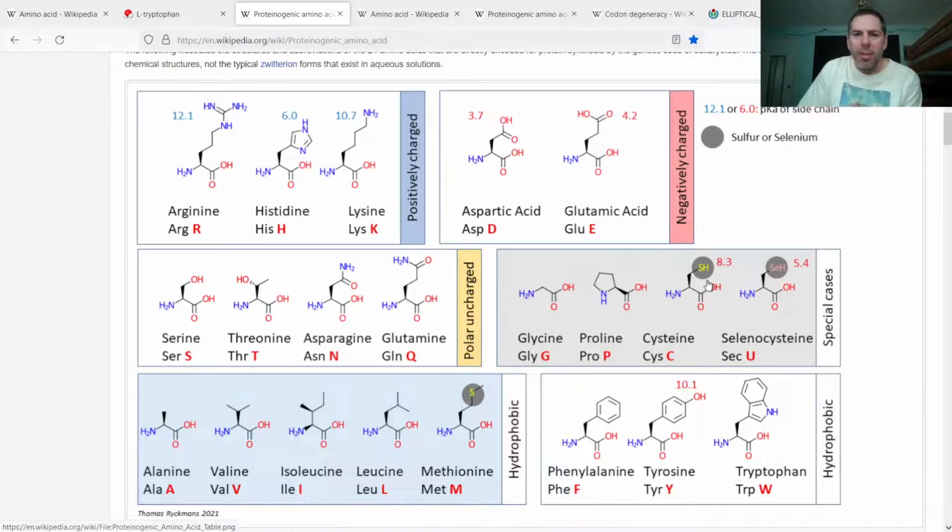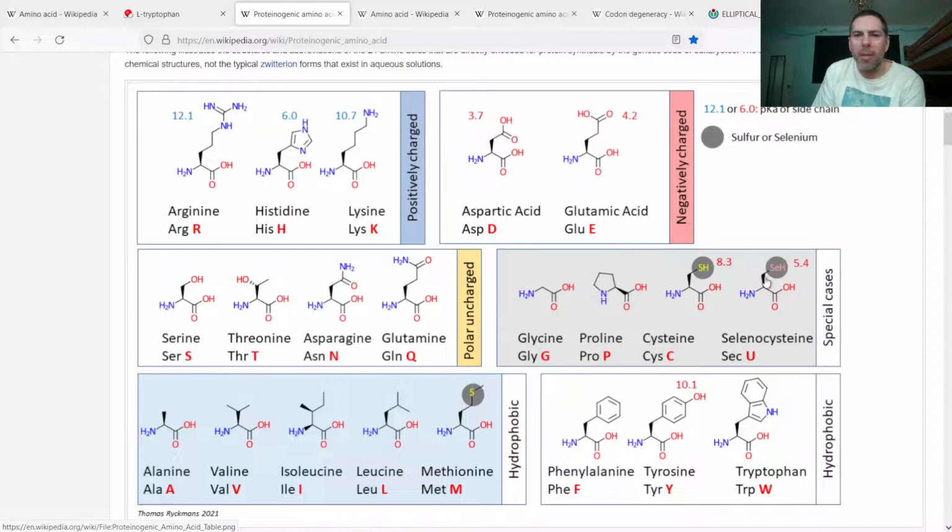And cysteine, not sure exactly why it's a special case, but it seems like it could go in the hydrophobic, and selenocysteine maybe would go in.